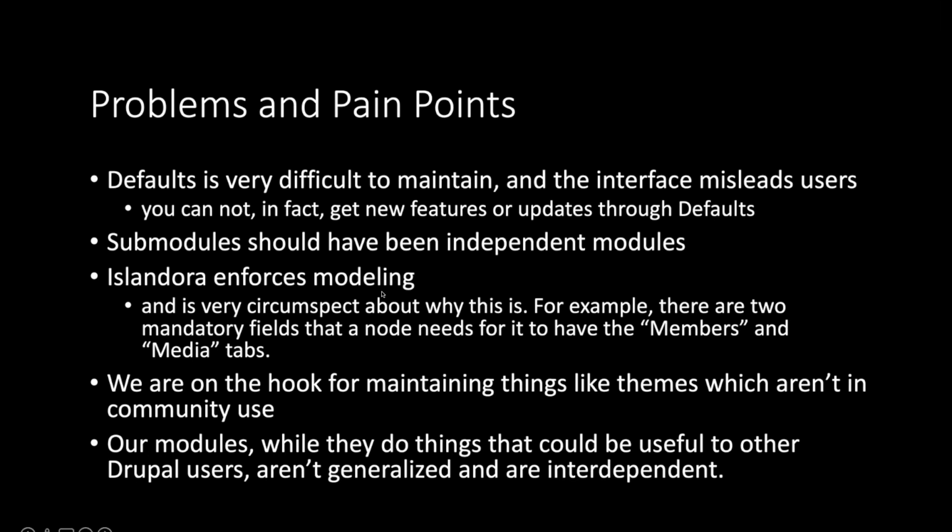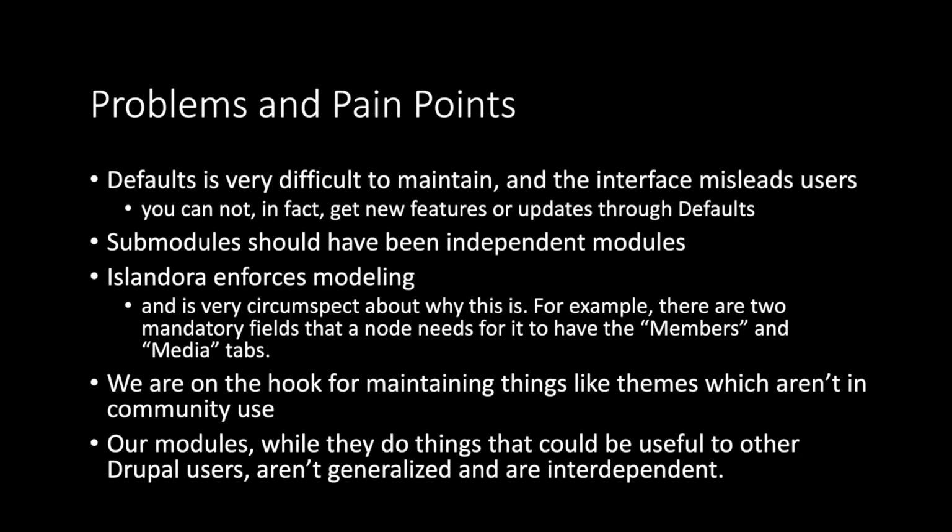The second thing is that Islandora has a weird modeling scenario where we enforce certain things for objects to be Islandora objects. It's not very clear, and it's often not ideal either.